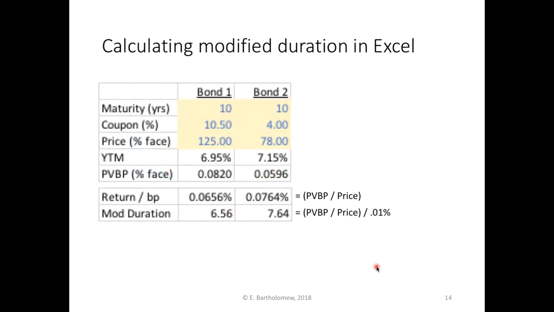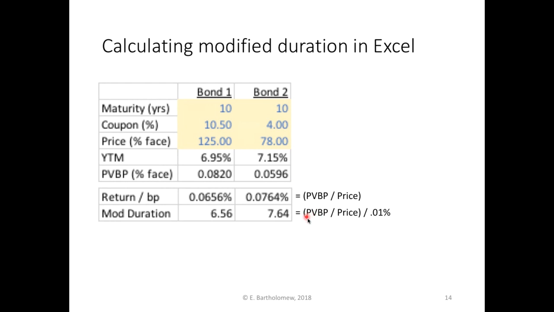Okay, and this can also be done easily in Excel, particularly if you've already gotten the PVBP, and that would be a reasonable way to do it: calculate the PVBP, and then you don't need this intermediate step. But just to show you what happens if you divide PVBP by price, you get a tiny return here, and that's just your PVBP divided by your price.